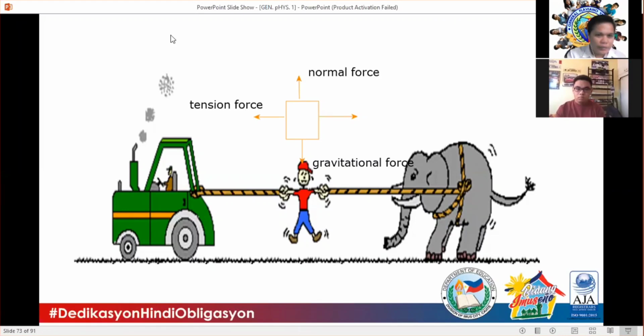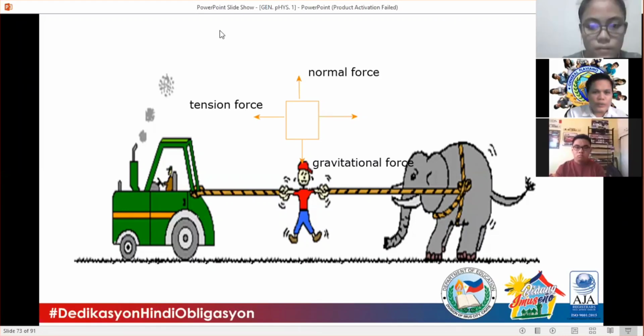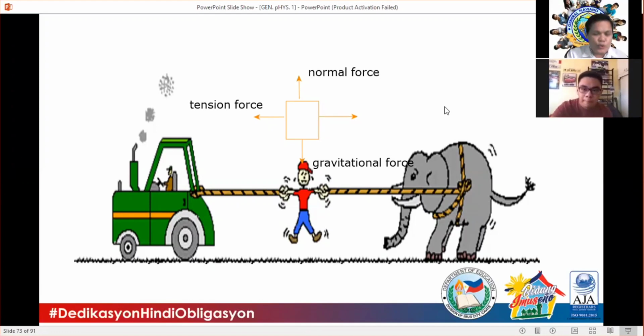You can use yung annotations natin dyan. Yes, ikaw naman Marinel sa elephant. Para hindi ka na mahirapan, you can use the box, the arrow, tapos yung text dyan sa ating annotation. Okay?